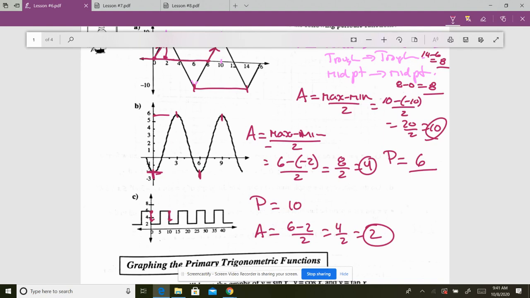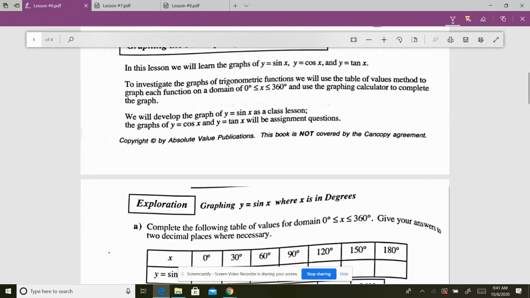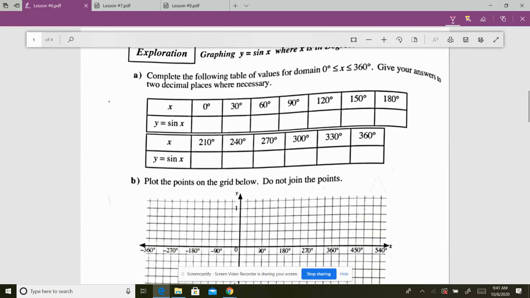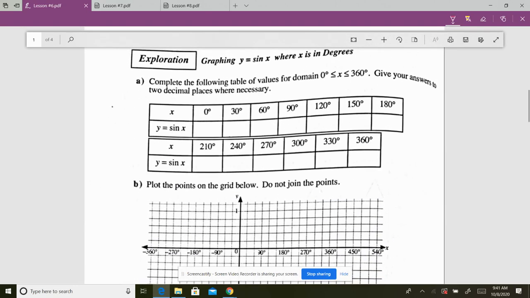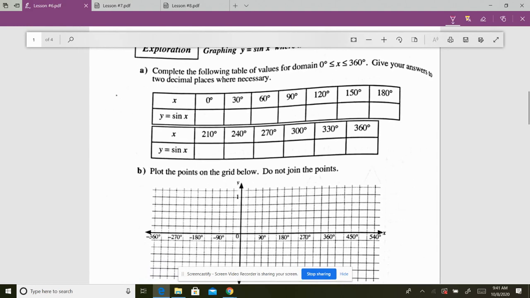All right. Now the trig graphs. Sine. We're going to do the sine graph on the next page. You will need your calculators. You're going to help me out here. Sine of 0. Punch that in your calculator. Please tell me what it is. 0.